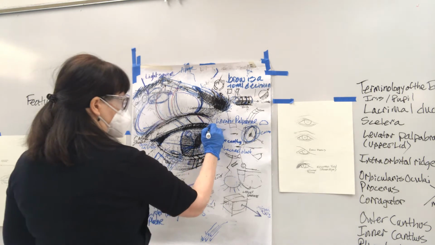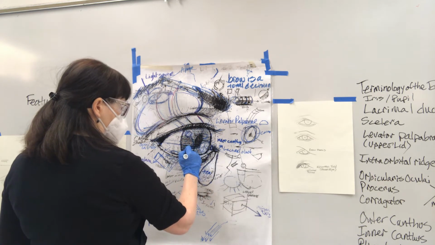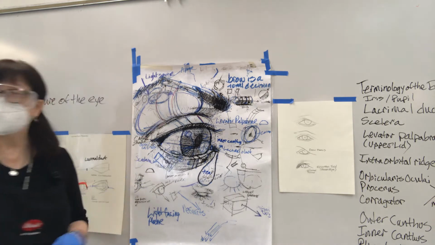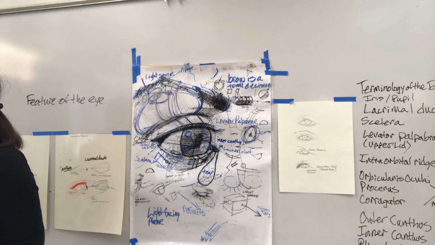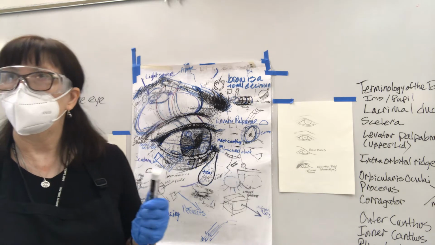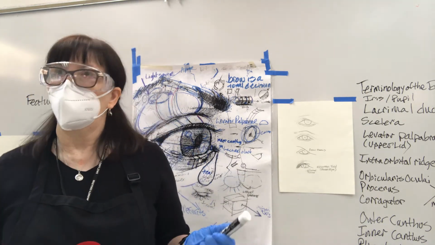As I mentioned, this is the iris right here, and it's the colored portion of the eye. And the colored portion of the eye, when a baby is born, that's blue. So the surface of the ball of the eye is blue. And those that have brown eyes, for example, I have brown eyes, you have more pigment.